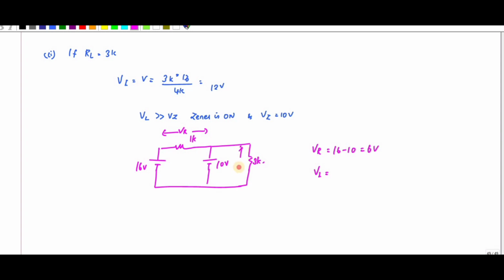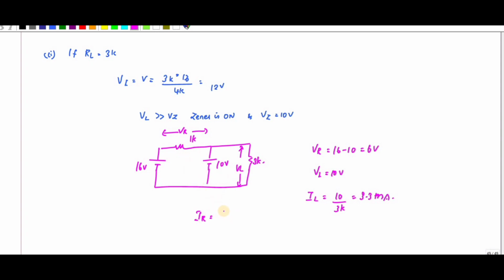and voltage across VL, that is this one, is 10 volt, and what is the IL value? IL value is 10 divided by 3K, that is nothing but 3.3 milliamps, and now I need to find the value of IR.